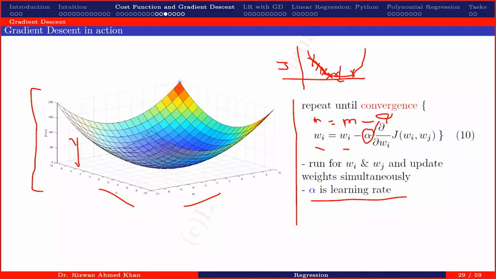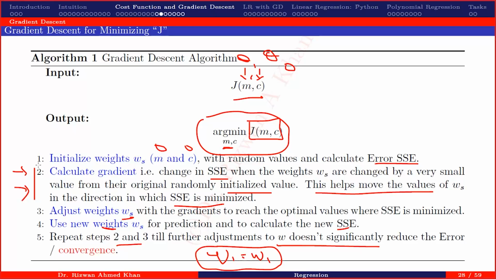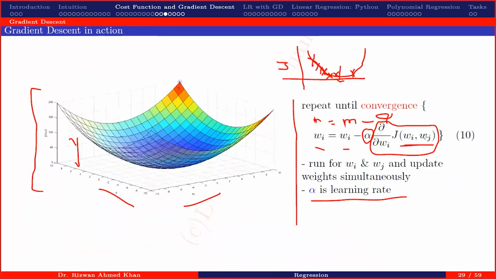And this term, again, as we did in the last lecture, is the derivative of the cost function, and this is the gradient. As in the previous slide I was showing you that we will calculate the gradient, and this term represents the gradient, and this tells how big the step is, or in which direction we have to move.